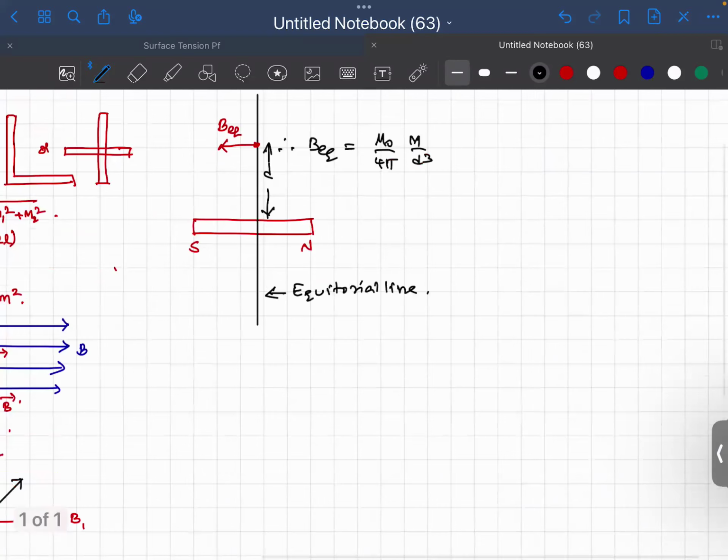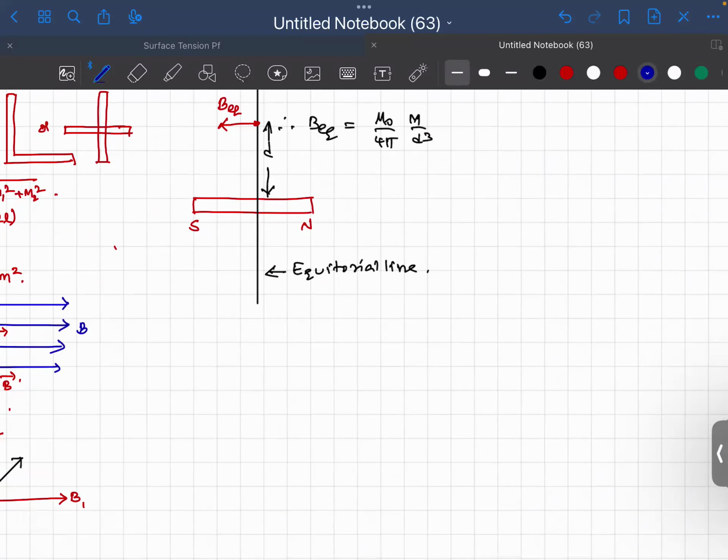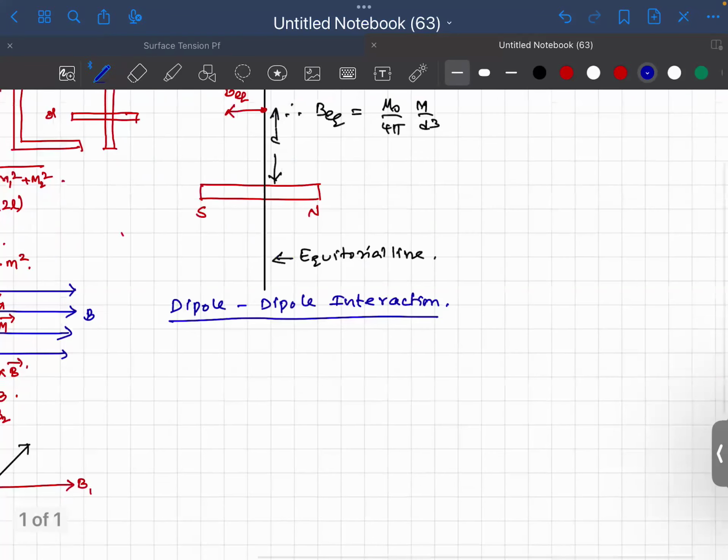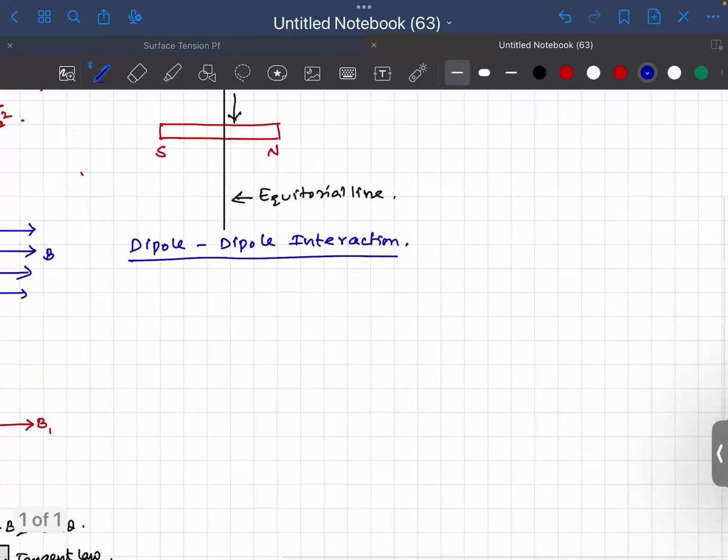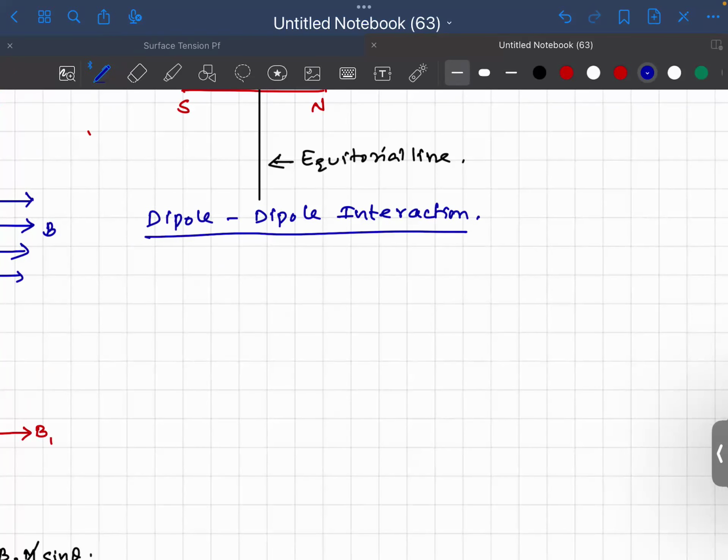Now let us go for dipole-dipole interaction.